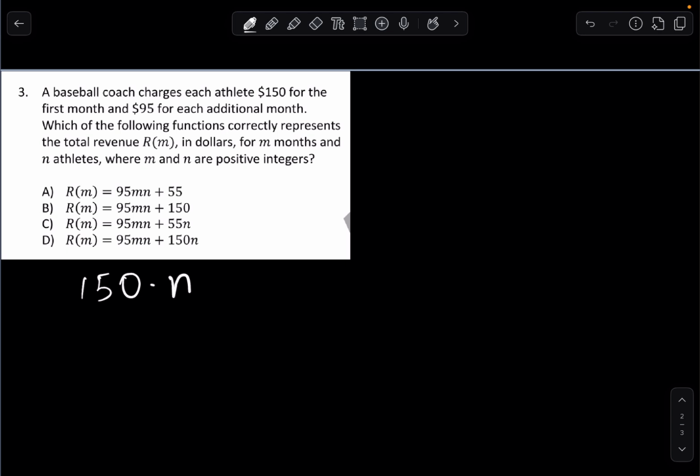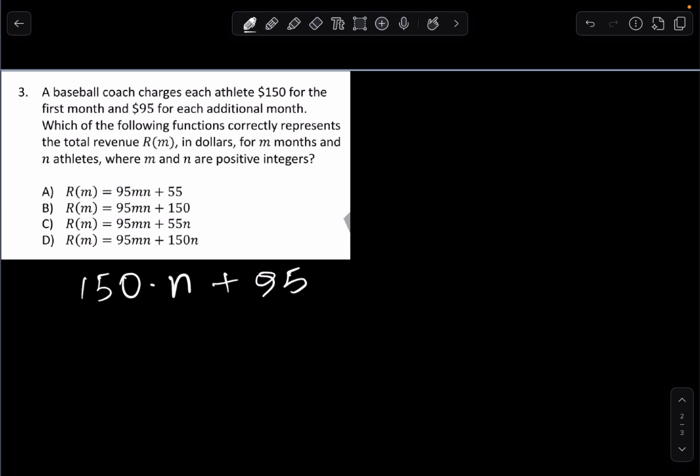Because from each athlete $150, and we have n athletes, so that means $150 from n athletes. We can multiply, and as we have to find total revenue, we will add from other months. So we will multiply 95 because the money charged is 95.